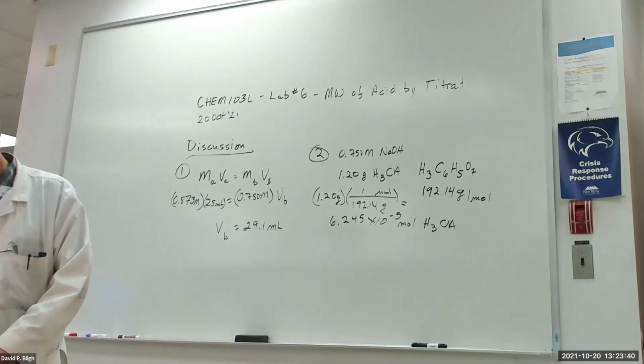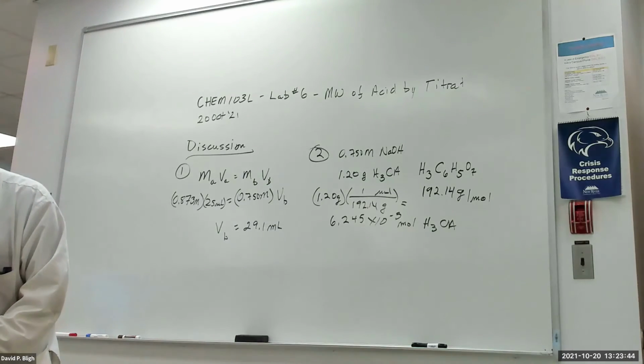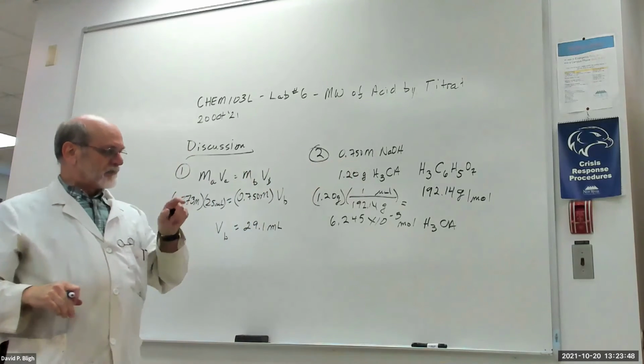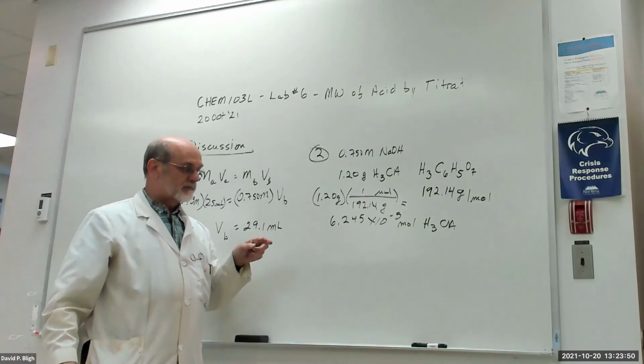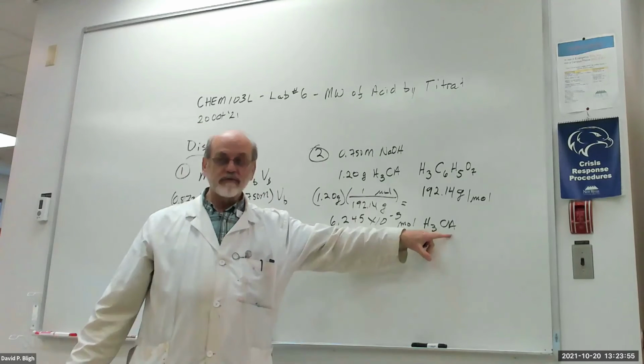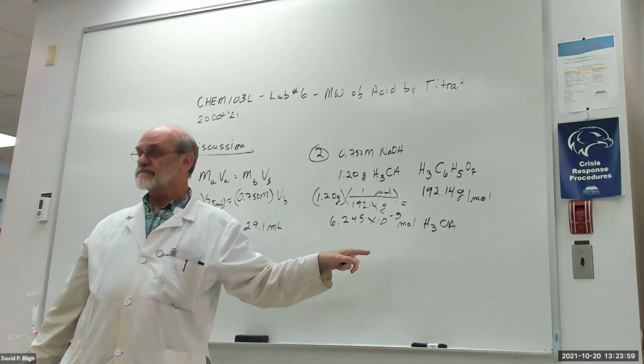Okay, let's get back to the question. What's the volume of sodium hydroxide required? You know what I would do? Say, how many moles of protons are there? This is moles of compound. Moles of protons would be 3 times that, wouldn't it?